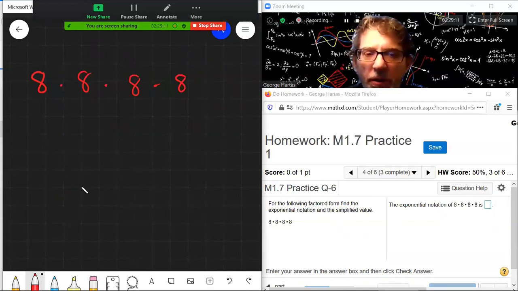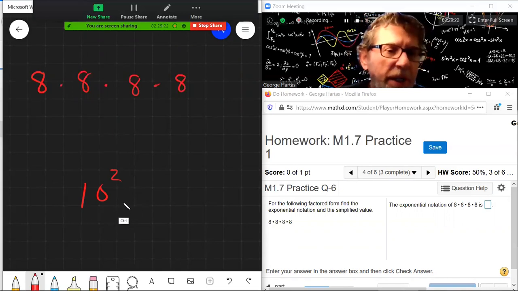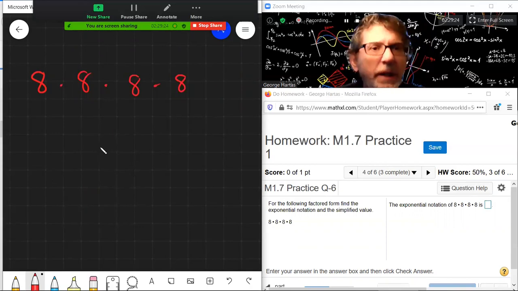Exponential notation, right? It's this thing we did earlier. This is exponential notation because we have an exponent there. Now, our base is not 10 here. Our base is 8. And what do we put for the exponent?